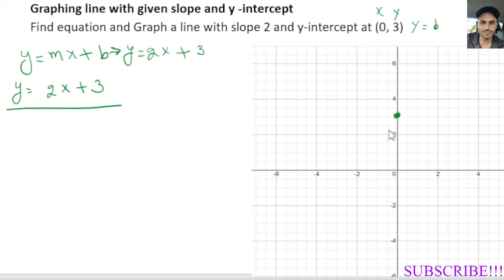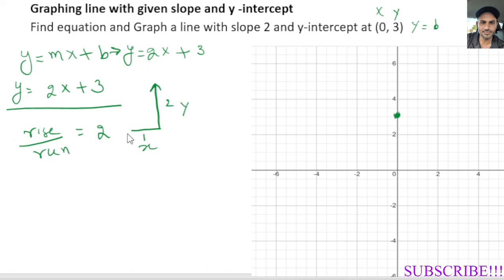Let's see. So we have (0, 3) as our y-intercept right here, and the slope is 2. That means rise over run equals 2. This is the slope. So for every movement of 1 unit in the x direction, the line moves 2 units in the y direction.